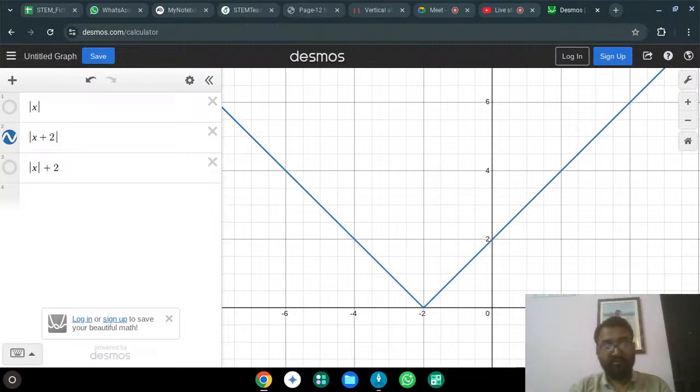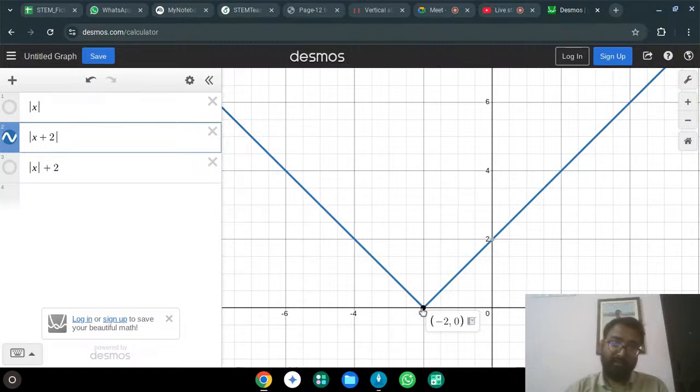So what is the noise of the function? What is the problem for this function? Minus 2. So this is a noise.